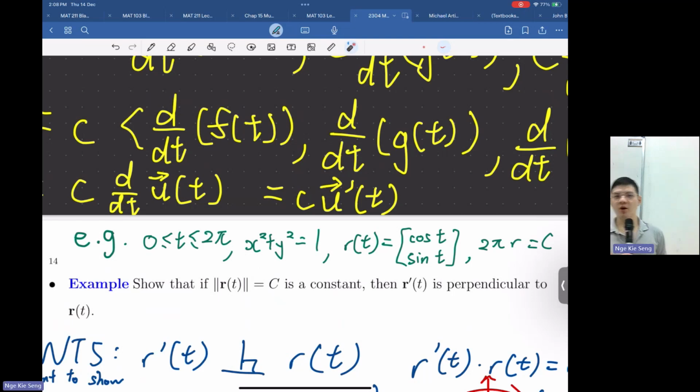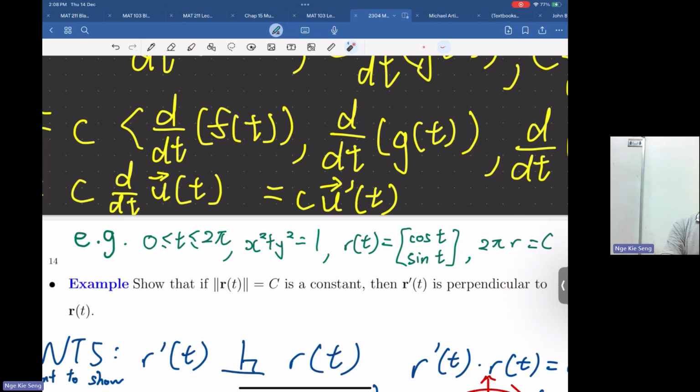So if your vector function has constant length, meaning your point is always a constant distance from the origin. Is it necessary from the origin? Yes, it is necessary because you are taking the length of this vector here. And then you prove that r prime t is always perpendicular to rt.